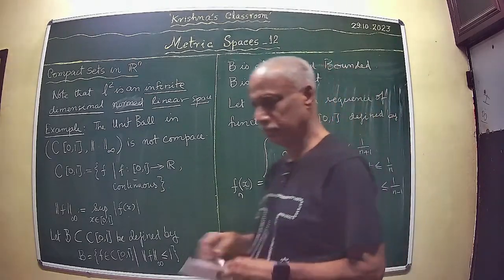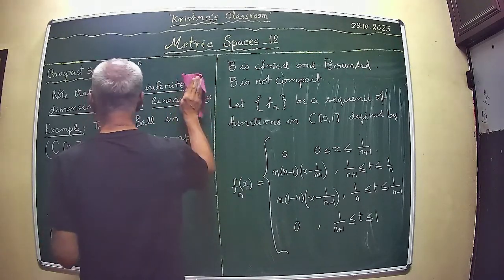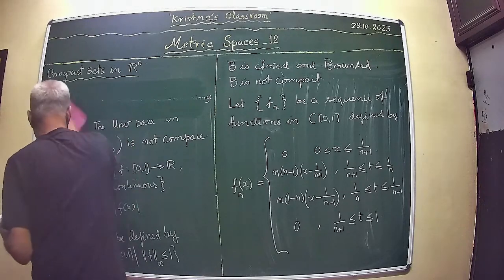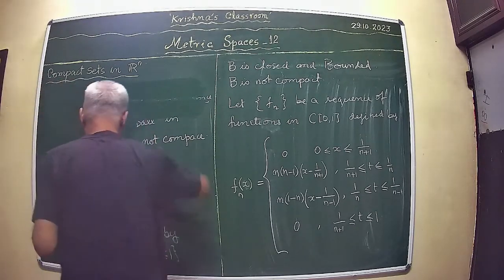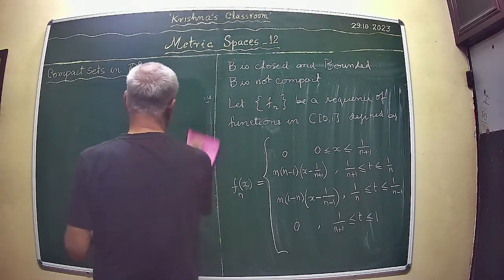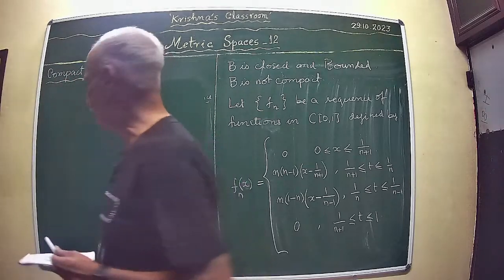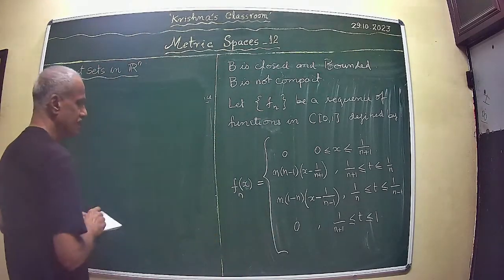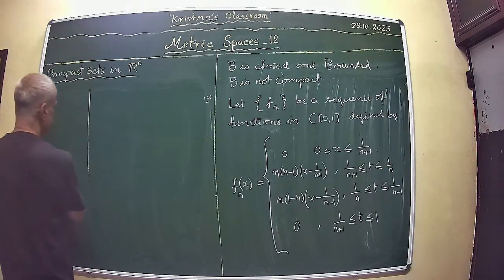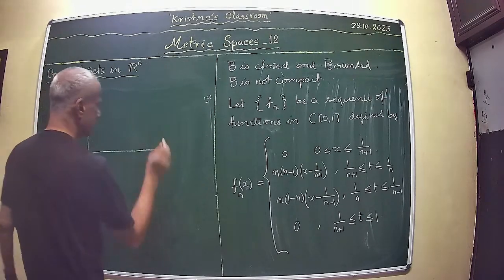Okay, so let us look at the geometry. Let us explore what these functions are. Eventually it is from this exploration that we finally write down the equation of the functions. So what we have is this. This is the interval 0 to 1.